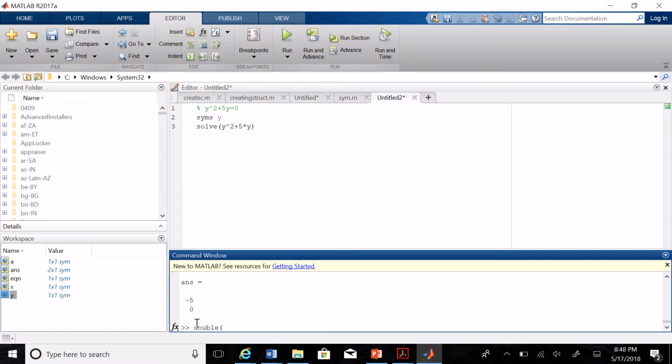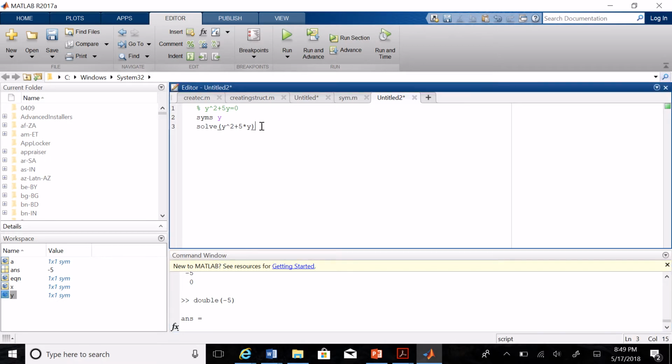If you want to get minus 5 with double precision, you say double of minus 5, and now this is an answer. So your answer is minus 5, a numeric value, and you can use it in other equations. You can't use what you had here before, minus 5 and 0, because they are just symbols.